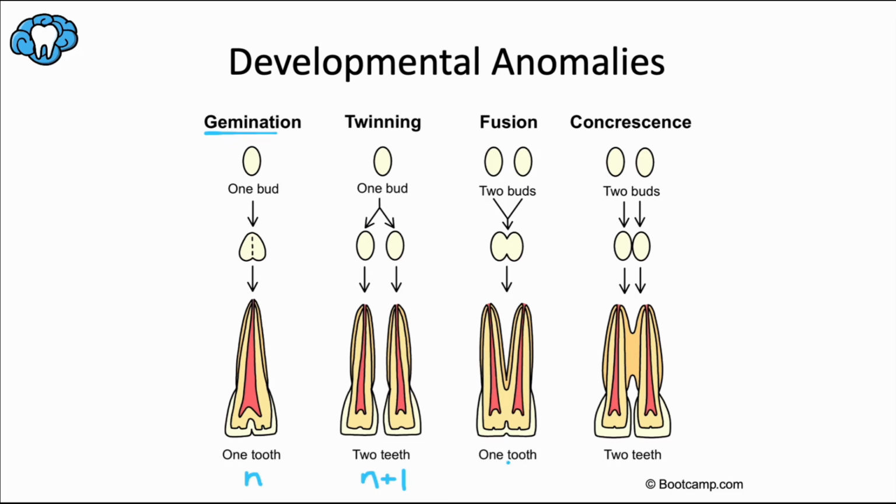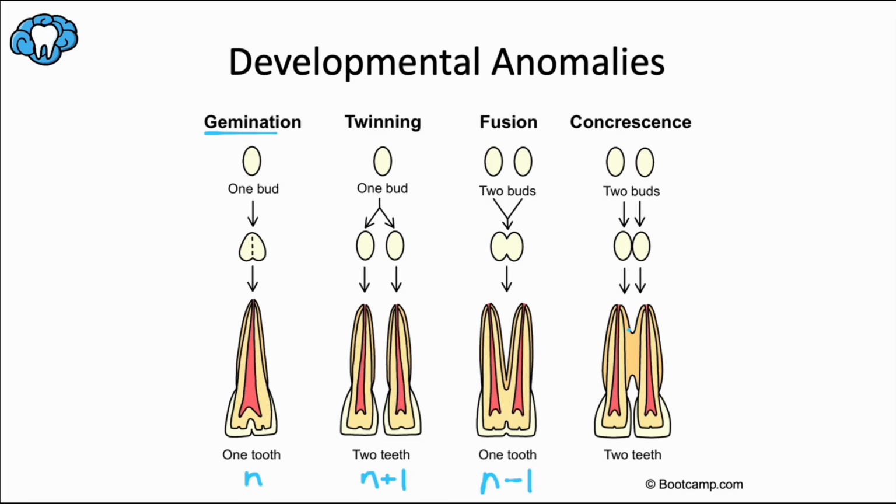So we actually end up with one less tooth than we would expect, because 2 tooth buds technically become only one tooth. This is more common in primary teeth and almost always involves incisors. And lastly, we have concrescence, where 2 tooth buds create 2 separate teeth, but those teeth fuse at the cementum layer only.